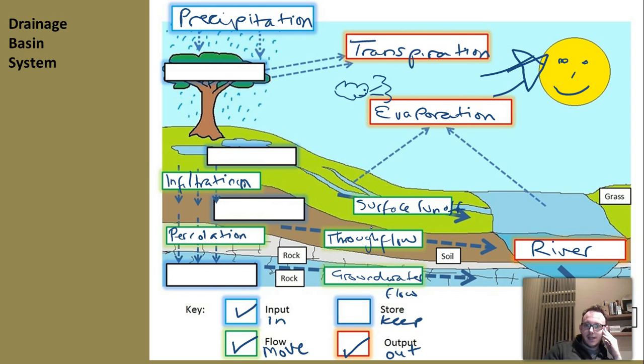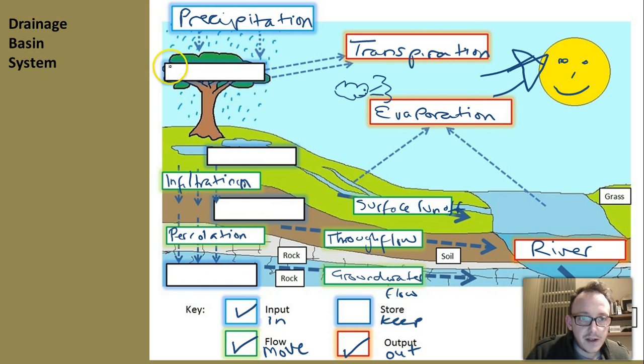Now, last but not least, and this is the last little bit for this tutorial, we need to have a look at what the stores are. This is where water is kept. Now, if we start at the top, water is actually kept in trees. It's kept in the leaves, on the leaves, in the bark, whatever. Now, as that water falls from the sky, these trees intercept it, and when it intercepts it, that's where it's kept.